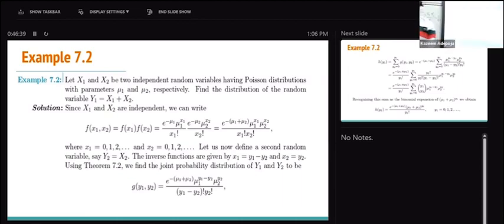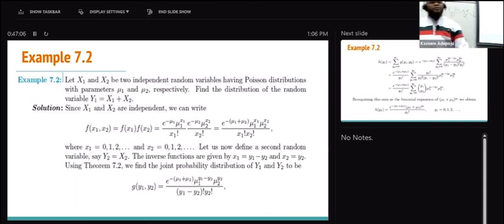What am I going to do? Oh my God, do you remember what we used to do when you have a joint and we're interested in the marginal for y1? What are you going to do for discrete? You're going to sum that over the range of the variable you are not interested in. Do you remember that? Because when I have two variables, we cannot go from two variables to one.